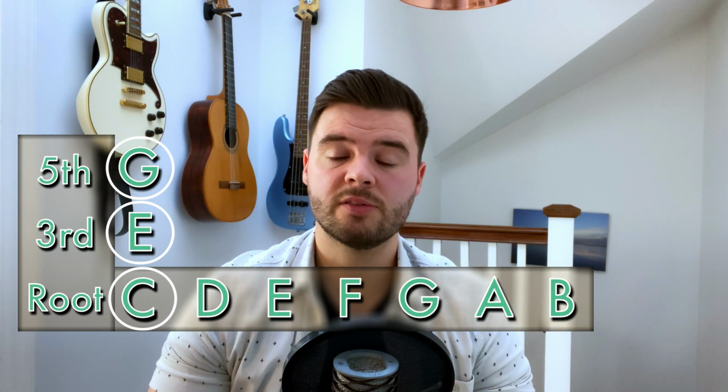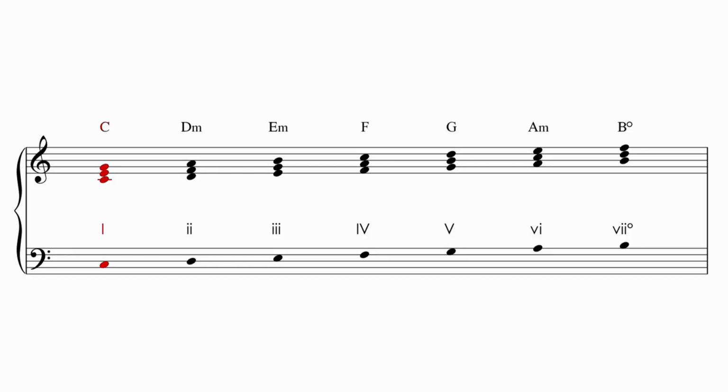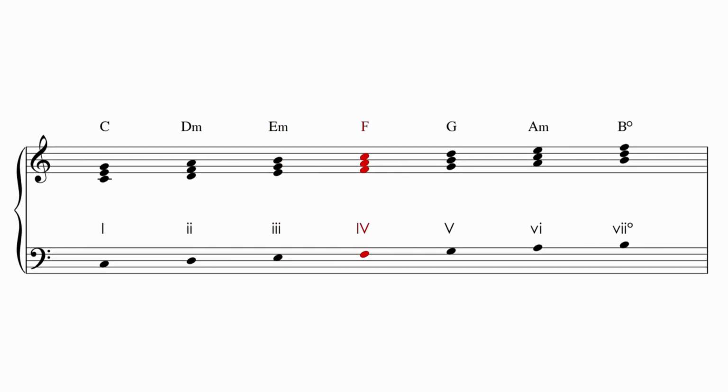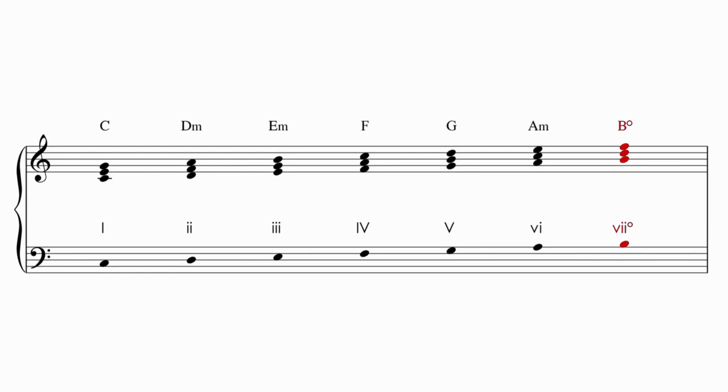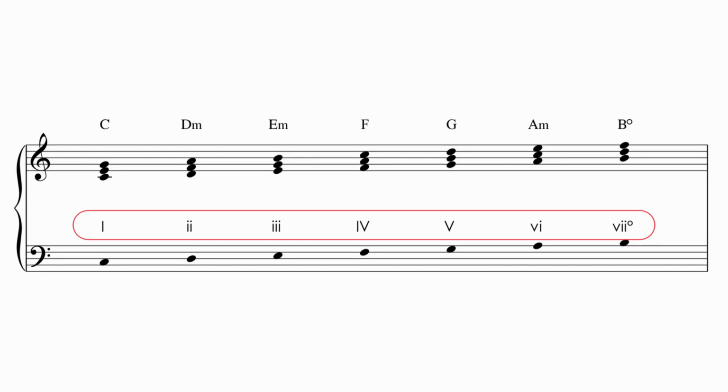Fast forwarding and doing this on all of the degrees of the scale gives you the following: C major, D minor, E minor, F major, G major, A minor, and B diminished. And lastly, in our chord bank, we're going to apply Roman numerals to each of the degrees of the scale. This will help us to think in many different keys, in much the same way as tonic solfa does for melody.